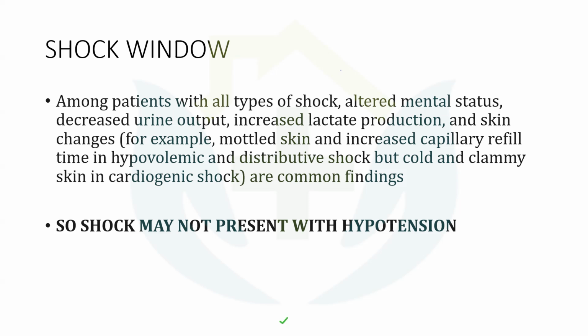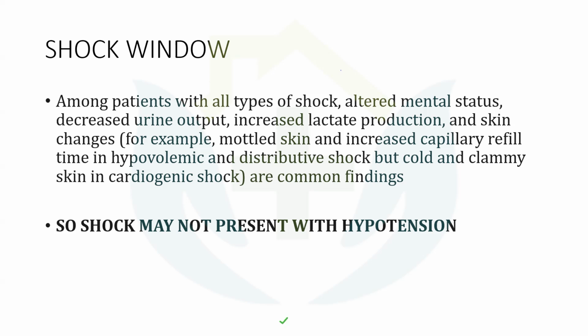Usually, while we discuss with students, they ask, what is shock? They start with hypotension. But we have to remember that shock may not be present with hypotension. What are the shock windows? Windows means 3 points: one is the brain window, one is the kidney, and another is the skin. Through this, we can detect whether a patient is going to develop shock or not. Among patients with all types of shock, altered mental status, decreased urine output, and skin changes are common findings.